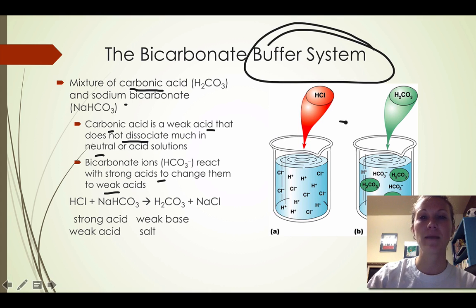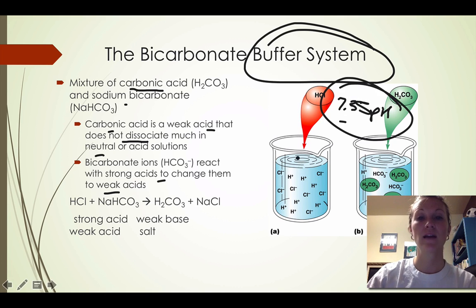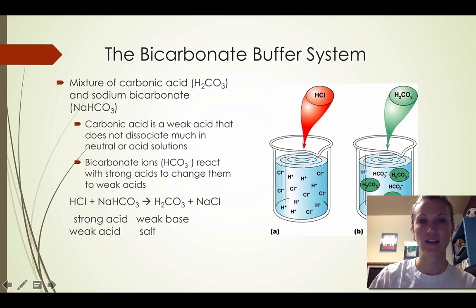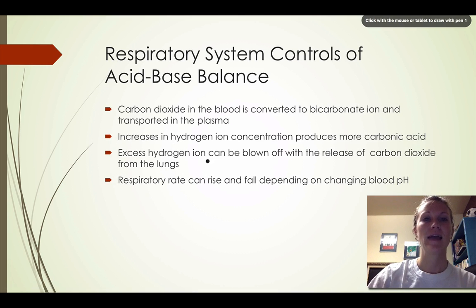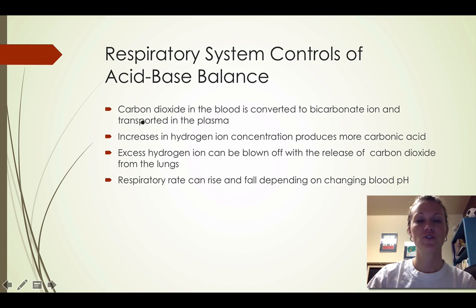So we're trying to maintain an equilibrium of probably about 7.35 pH in your blood, but we do that using a buffer system. We're trying to weaken acids and weaken anything that's alkaline to help maintain a constant pH of your body.